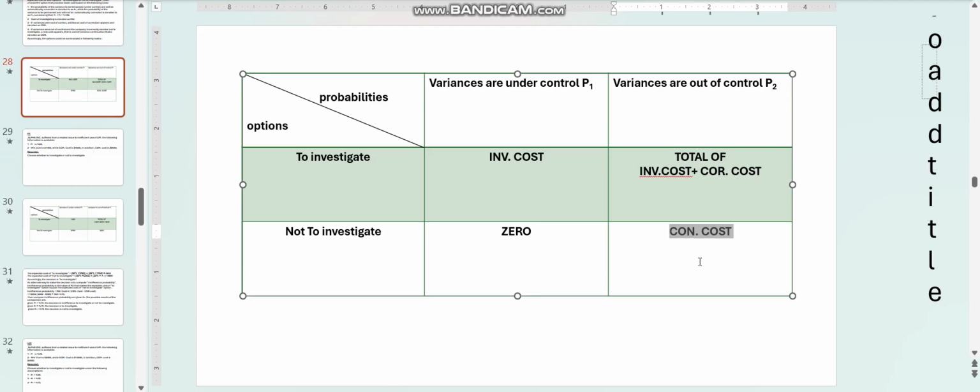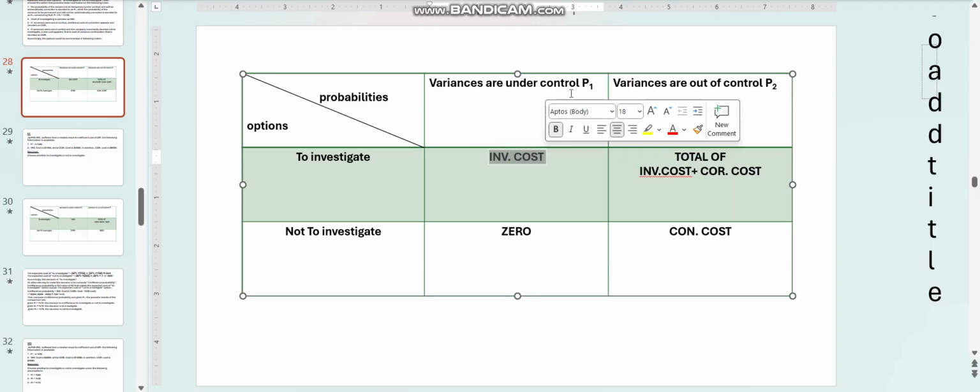Simply, as you have taken before, expected cost equals cost times related probability. So the expected cost of to investigate equals investigation cost times its related probability, that is P1.